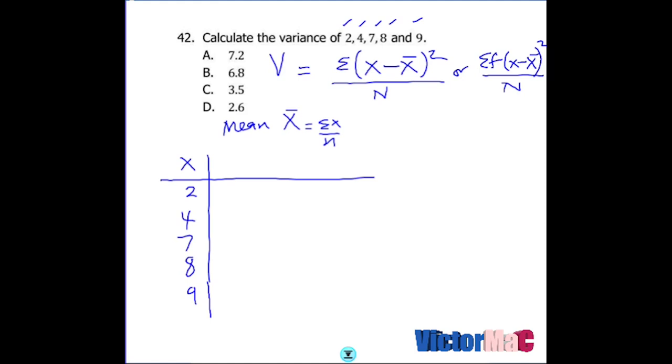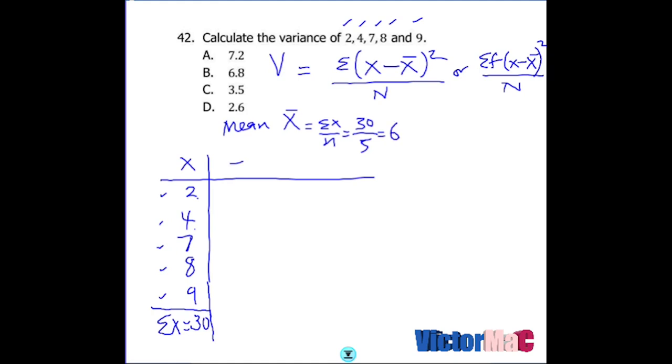We need to sum this column to get summation x. So 2 plus 4 is 6, 6 plus 7 is 13, 13 plus 8 is 21, 21 plus 9 is 30. So the numerator here is 30. Then we have 1, 2, 3, 4, 5, so we have 5 numbers. So our mean is 6.